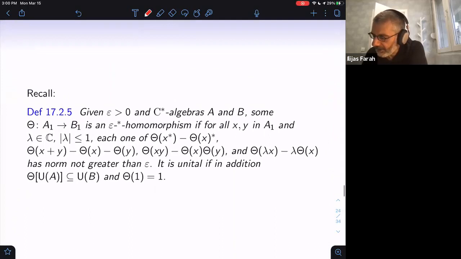And here is the definition that I stated last time, in terms of motivation for today's class. Let me just read it, although it's more of the same.